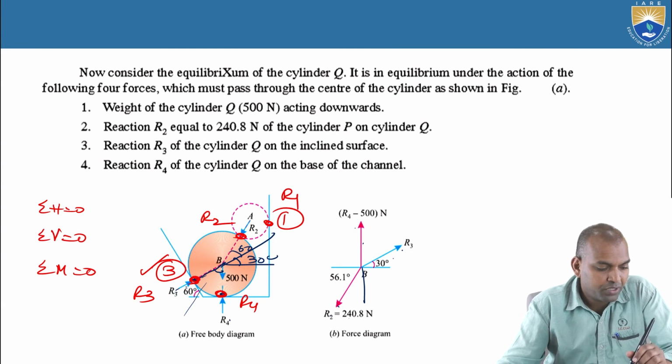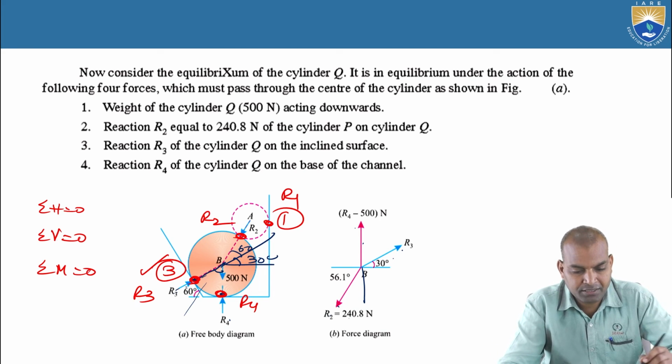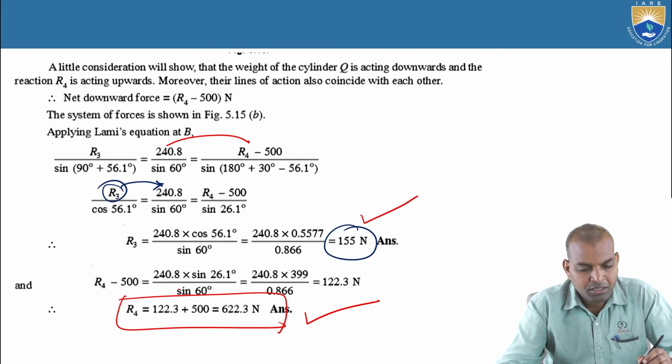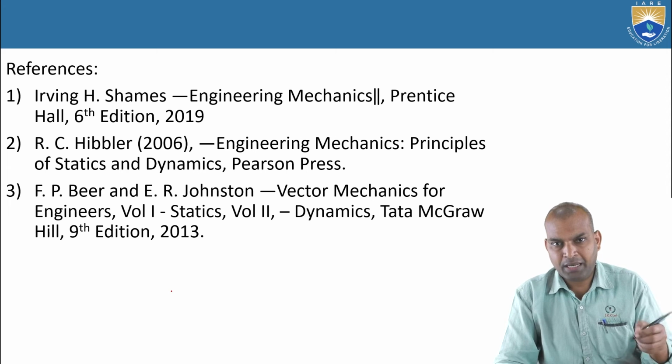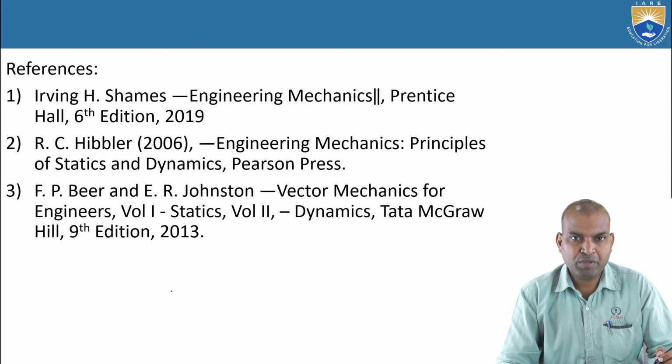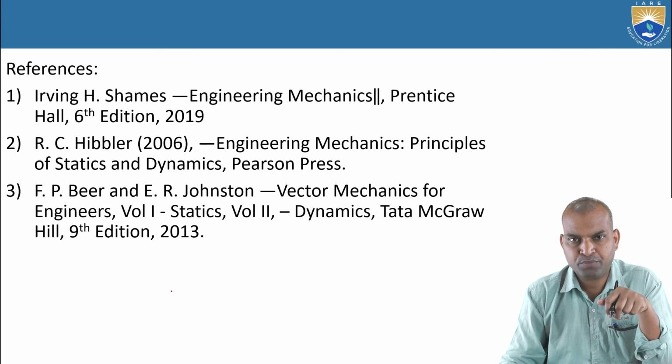That is the limitation for Lami's theorem. Now, in summary, here we use Lami's theorem, but we can also apply equilibrium conditions. Lami's theorem is also useful to find out unknowns when 3 coplanar forces are acting on a body.